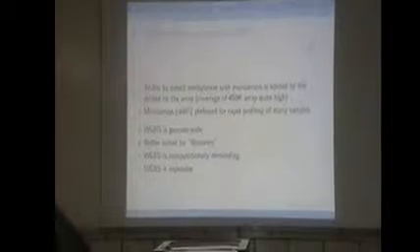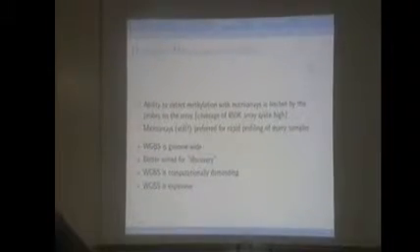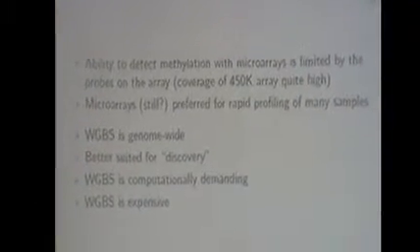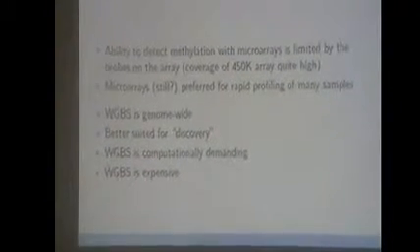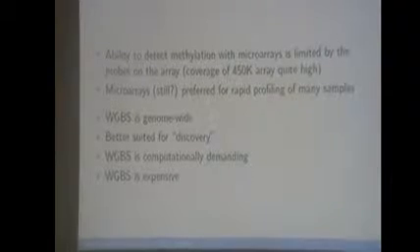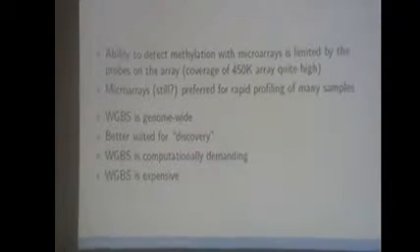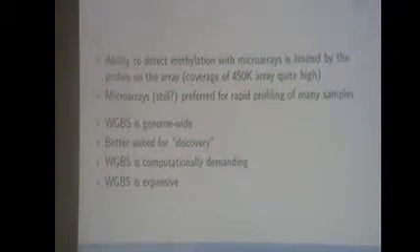In general, there are probes which are of interest, but you only have 450,000 probes on the array, which is quite good, I would say. Therefore, it is also still the preferred technology for the rapid profiling of many samples, because it's easier and cheaper to do.